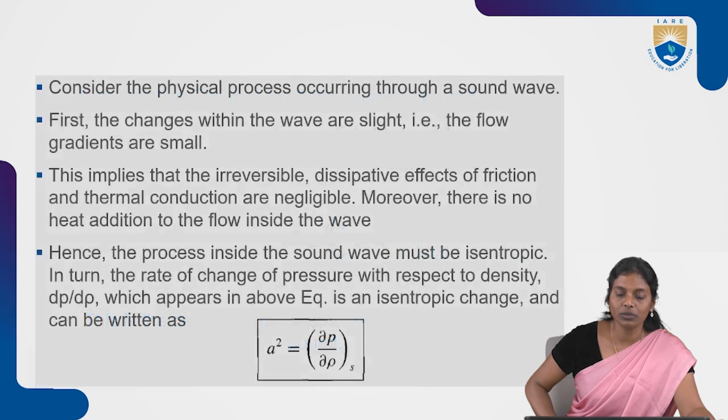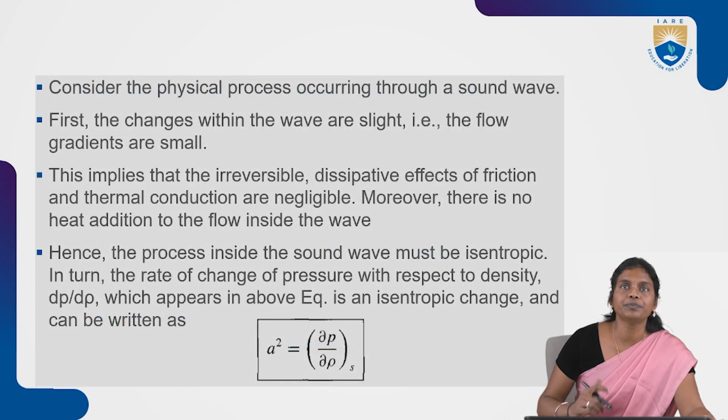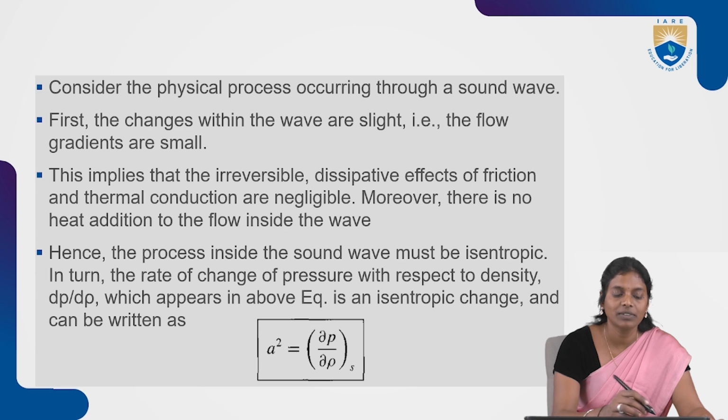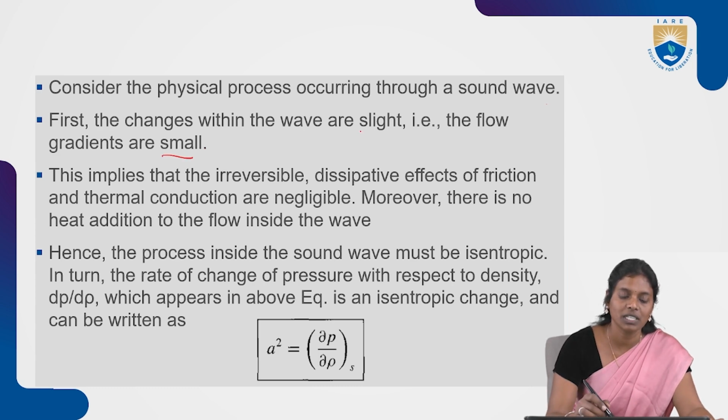Now further we are going to see how it will change in the isentropic relation. For that, we will see the physical process occurring for this sound wave or acoustic wave. First, whatever the changes within the wave, we will consider the flow gradients to be small. Since we are considering the changes within the wave to be slight, the gradients are also small.